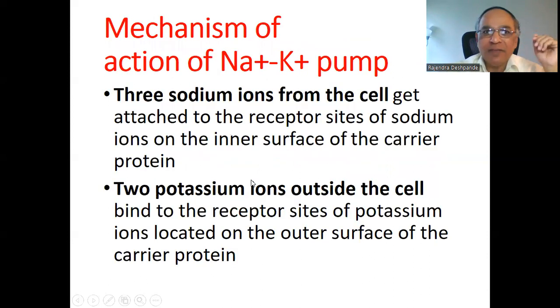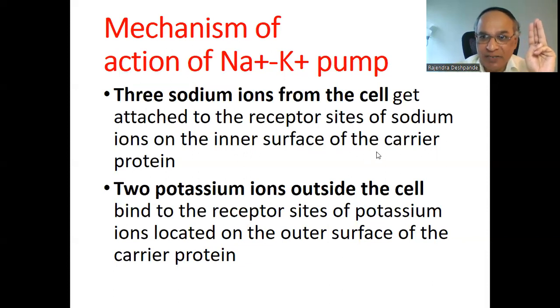Okay, next, action of the NAK pump. We will talk about how that mechanism is acting. 3 sodium ions from the cell get attached to the receptor sites, because we have already discussed the 3 receptors for sodium ions on the inner surface of the carrier protein.